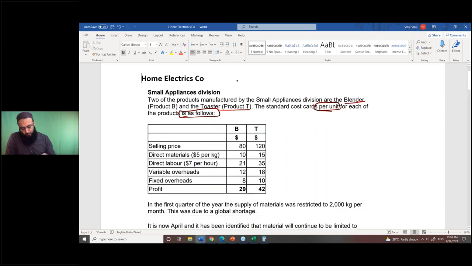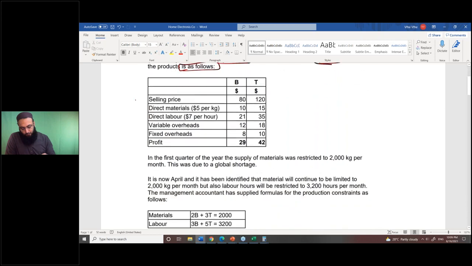We have the selling price, direct material with a rate of $5 per kg, direct labor with a rate of $7 per hour, variable overheads, fixed overheads, and the profit.